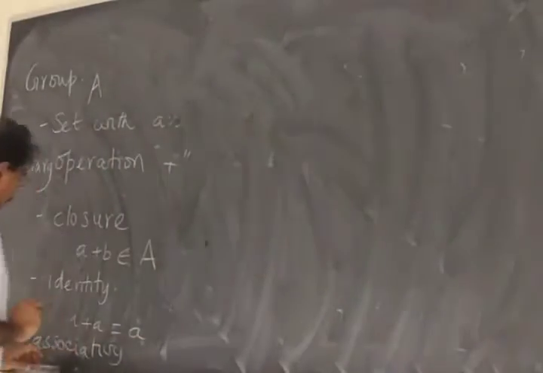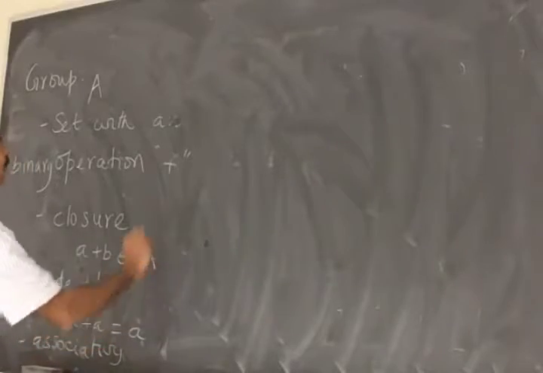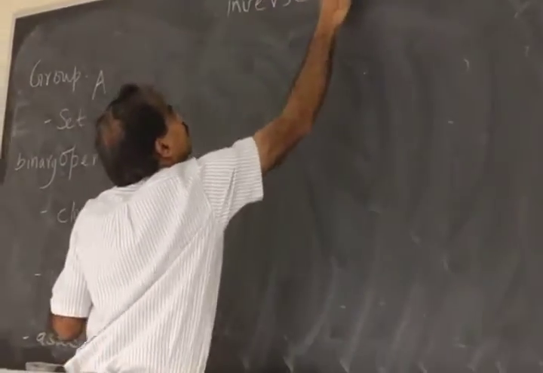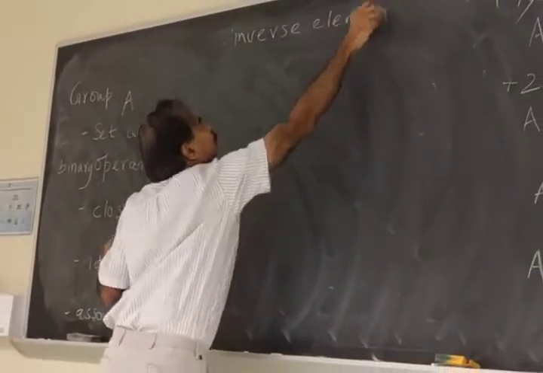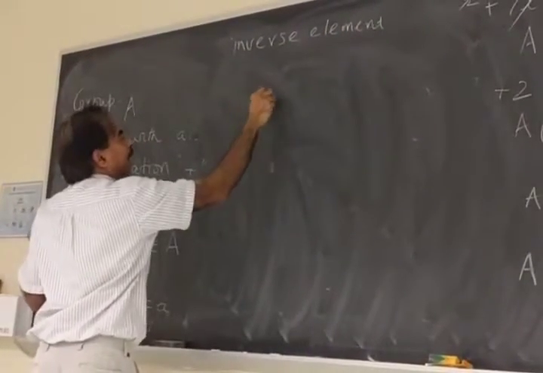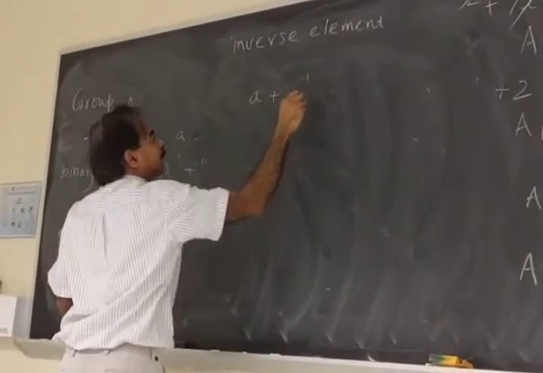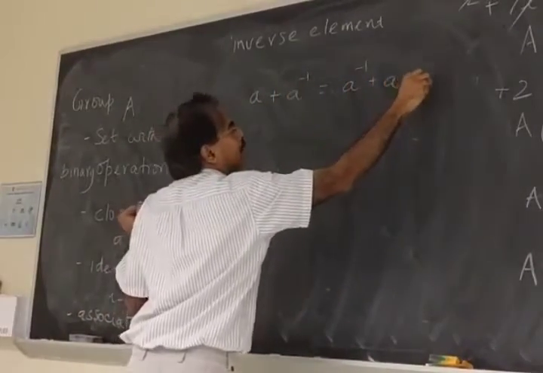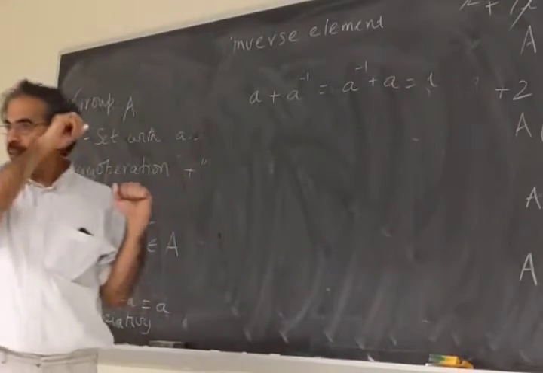There is an inverse element, so A plus A inverse equals A inverse plus A equals the identity element.